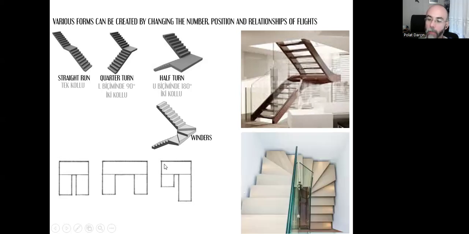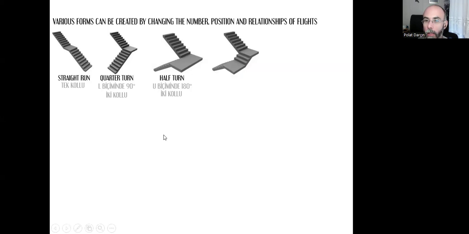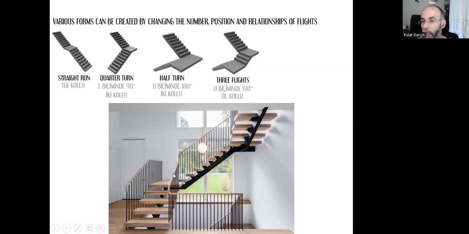Again, those steps let us move and turn 180 degrees while we climb up or down the stairs. Instead of two flights, we can have three flights. Again, it can have this U shape. It can allow us to turn 180 degrees. We can have corner landings, or we can have winders as well.